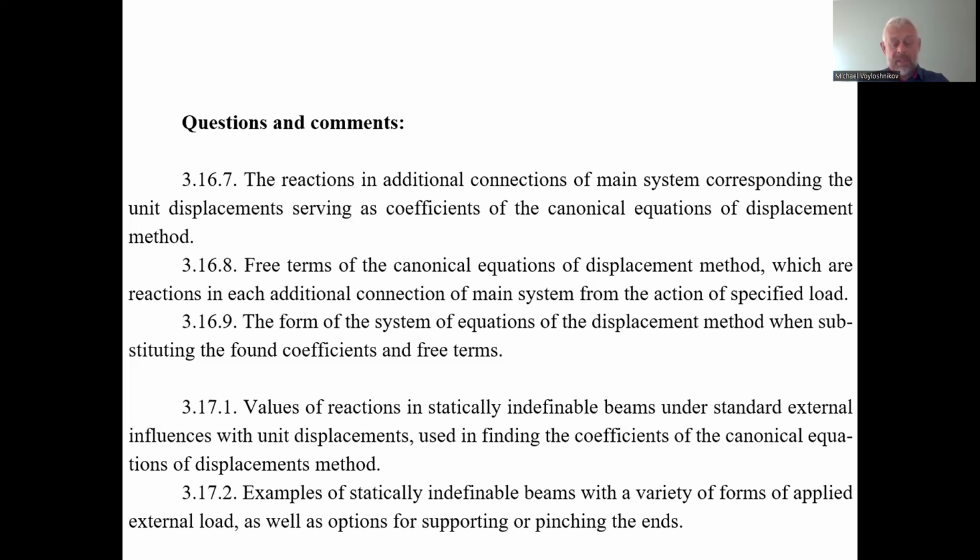3.17.2, examples of statically indeterminate beams with a variety of forms of applied external load, as well as options for supporting or pinching the ends.